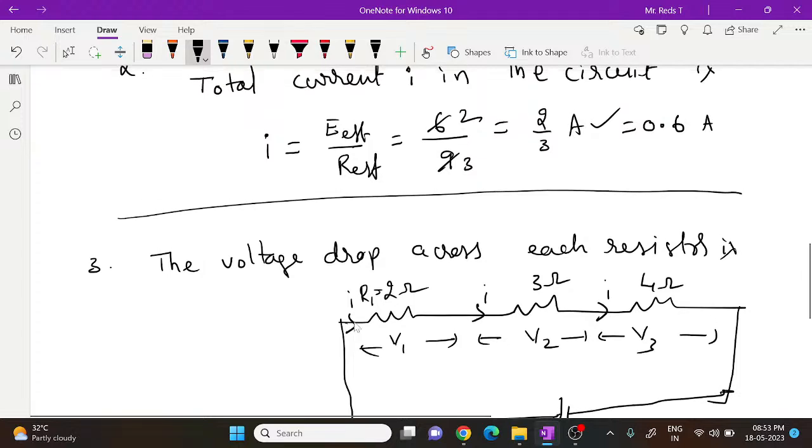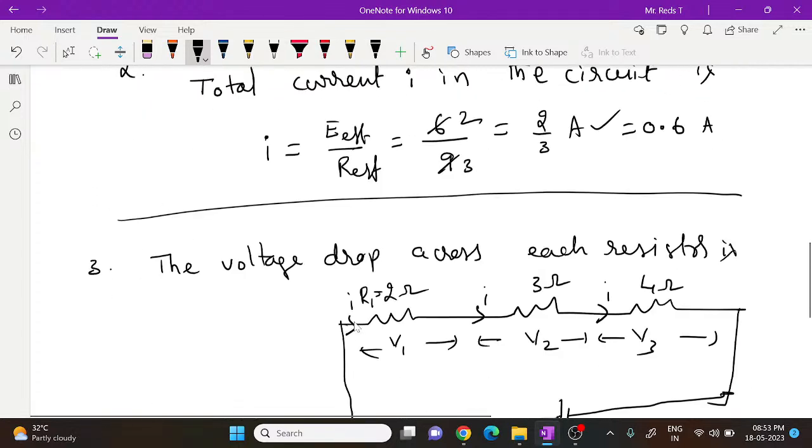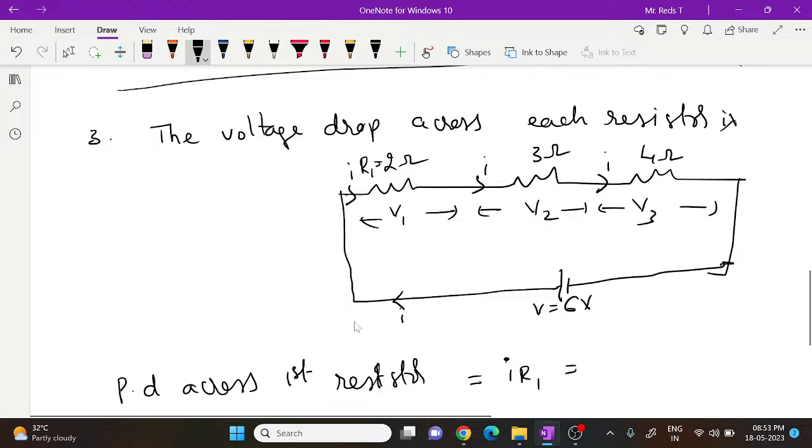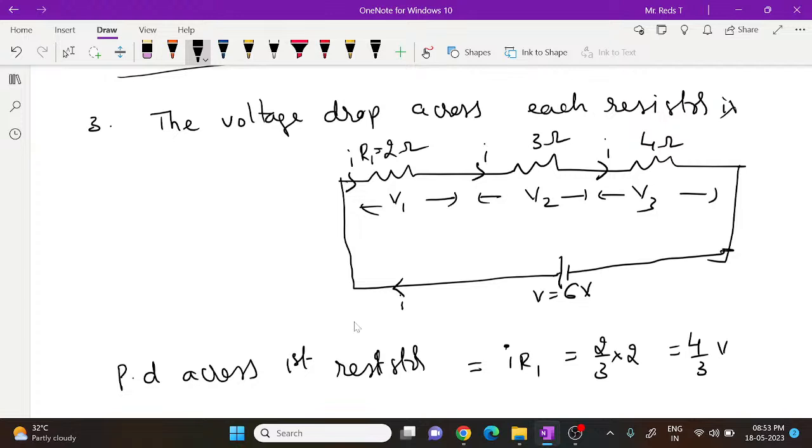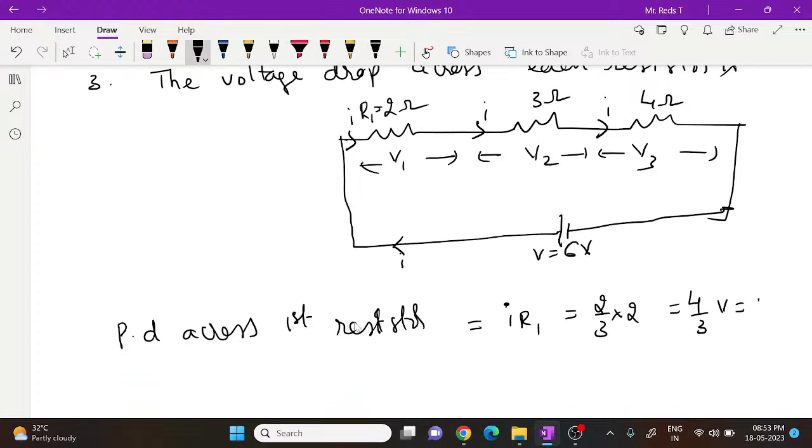We already calculated the current in the circuit, 2 by 3 ampere, approximately 0.67 ampere. So 2 by 3 ampere into R1, which is 2 ohm, is equal to 4 by 3 volt, or about 1.3 volt. This is the potential difference across the first resistor.